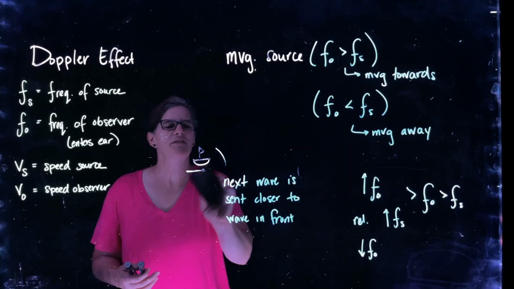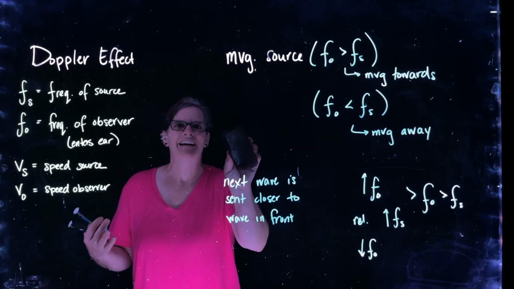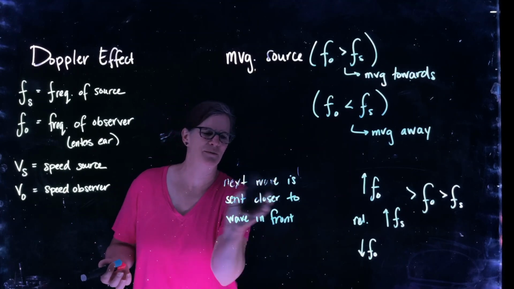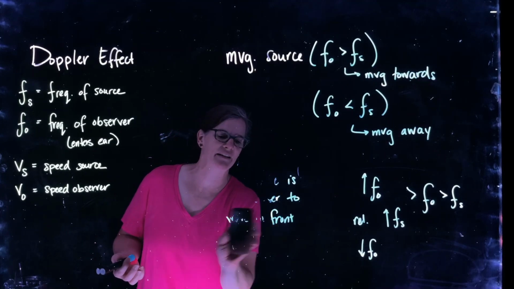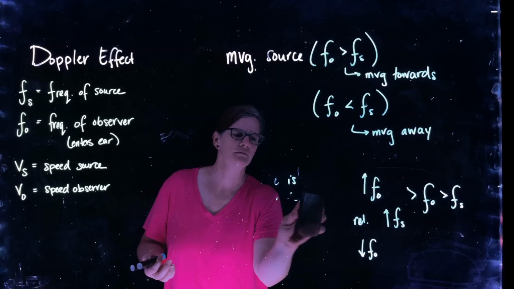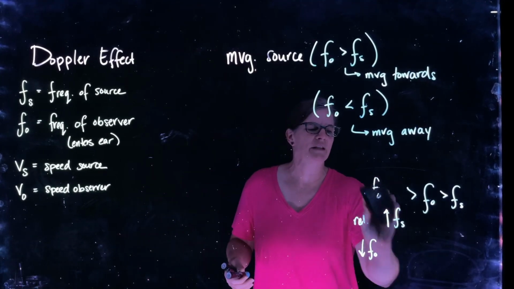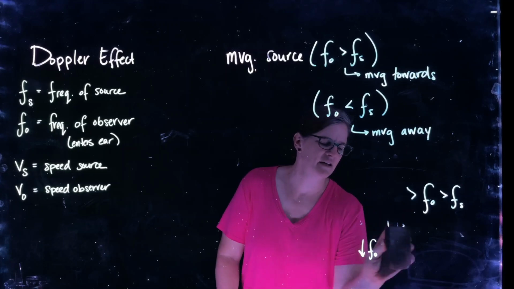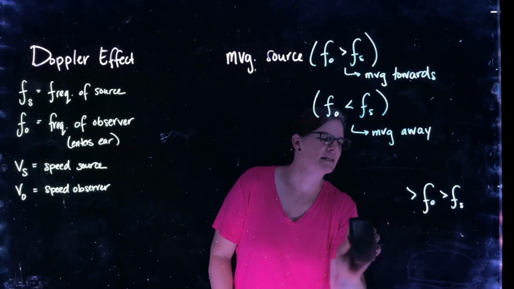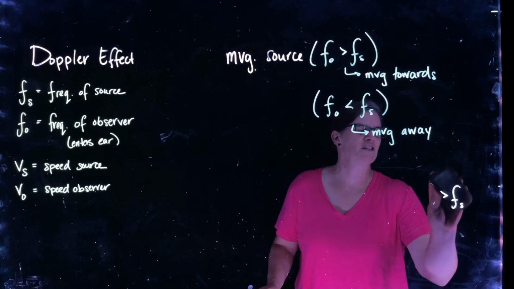So not only do we have to understand how fast the source is moving, but we have to understand if it's moving towards the observer or away from the observer, such that the relationships developed give rise to this conceptual idea that we just outlined.